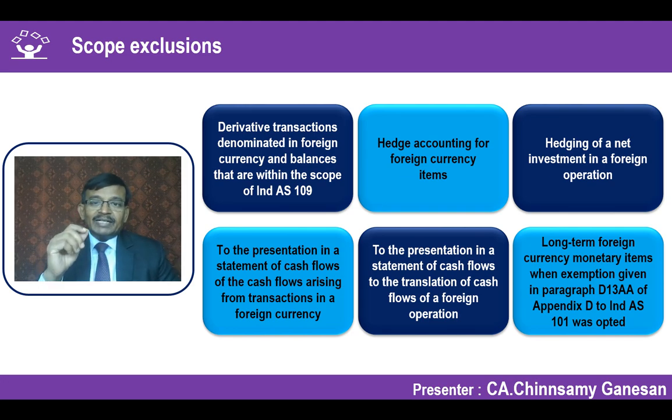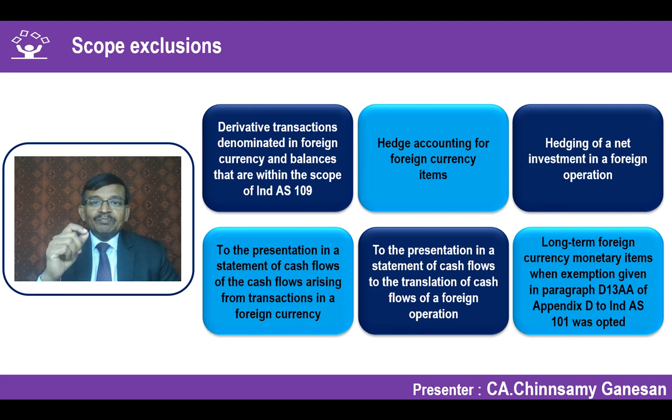Other than the exempted items, all items should be charged to the profit and loss account. There is no option of carrying over in the carrying amount of the asset or carrying over in FCMITDA, which is not given in Ind AS 21.